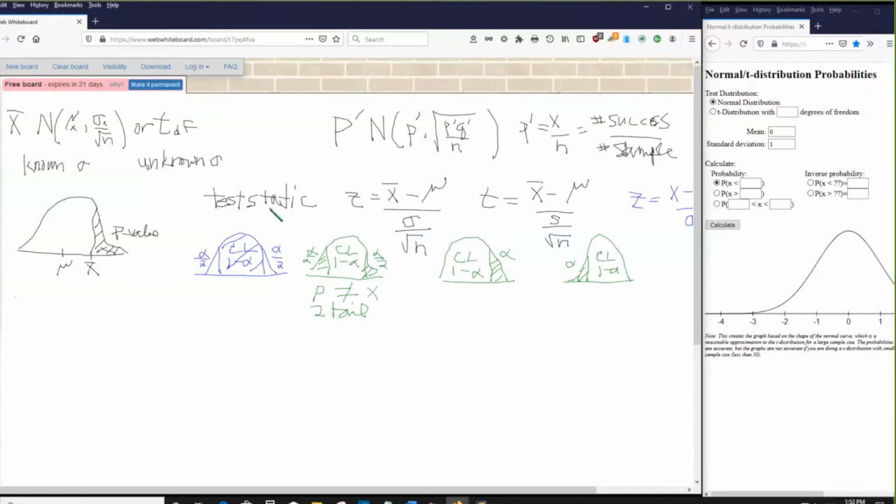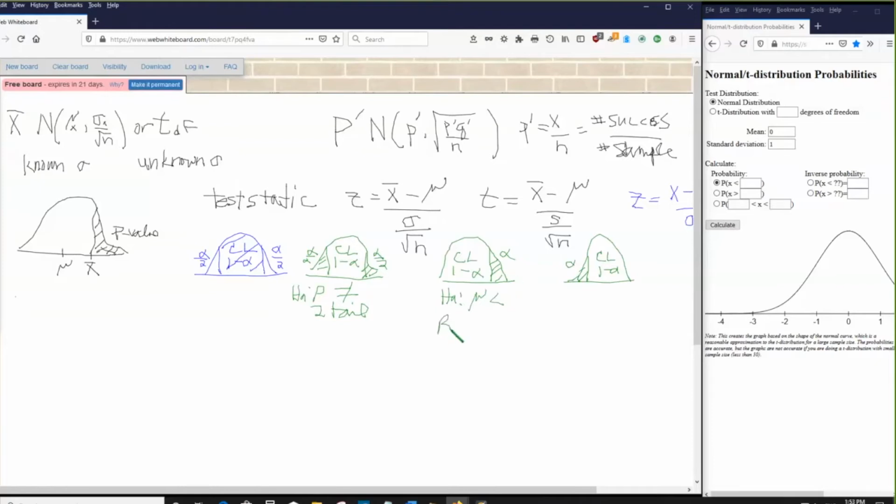So this would be your H of A. Then for a right-tailed test, let's say your mean is going to be less than some number.